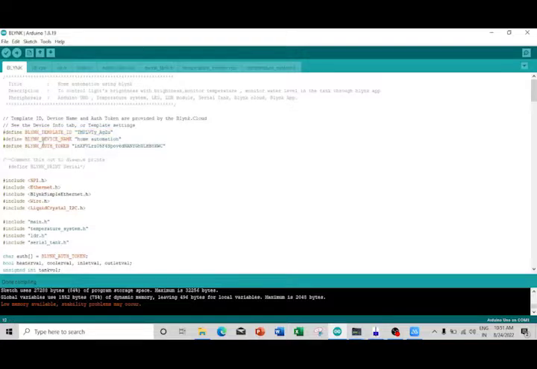Okay, this is the code which we have used in our project. This part is for the Blynk IoT authentication, which helps us in monitoring our code from mobile.